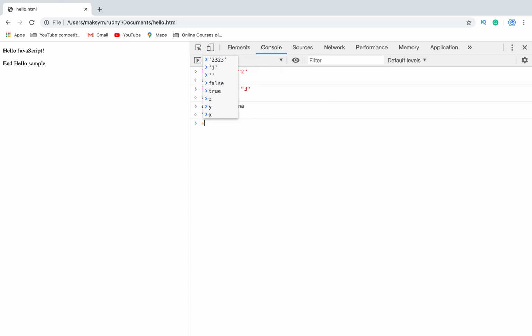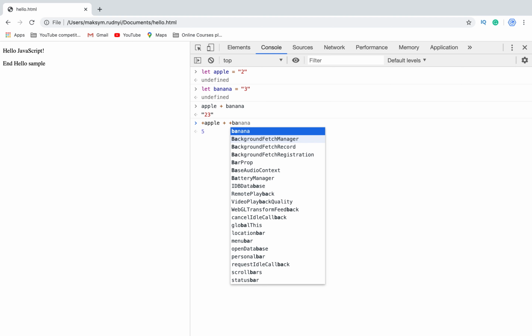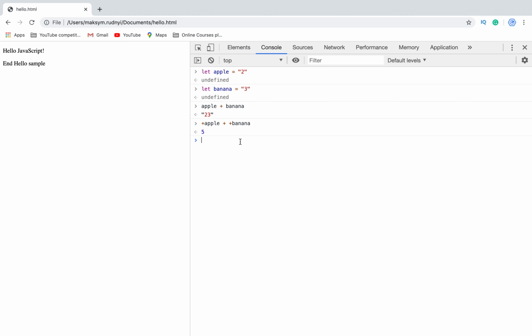But if we call apple plus plus banana, we will have 5, because unary operator will convert your string to number, and then two numbers are added, we have number 5.